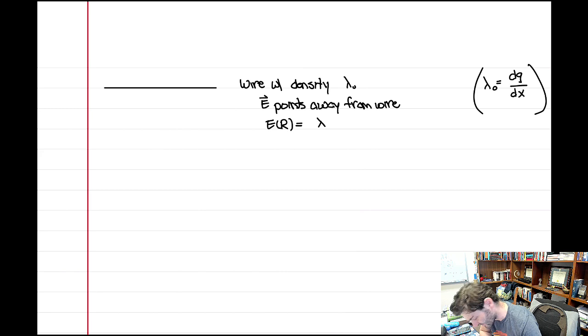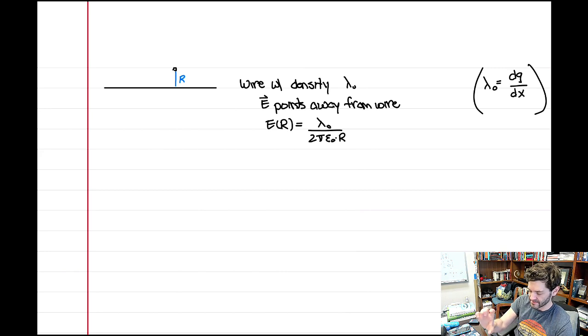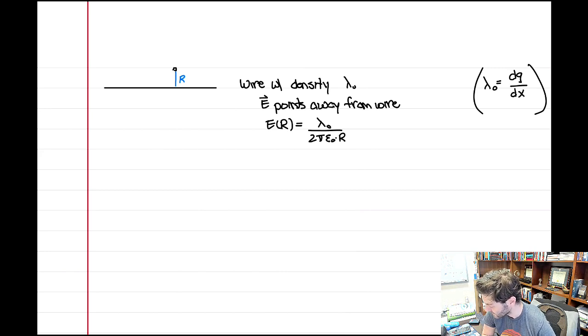Blanking on my Greek letters. And then we wrote this as lambda over 2 pi epsilon naught times capital R, where at some point away from the wire, I could define a distance r, the distance perpendicular to the wire. The electric field there was lambda over 2 pi epsilon naught divided by capital R, not R squared or little r.